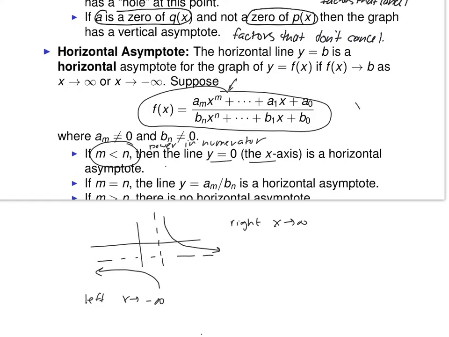This would be something like x plus 1 over x squared plus 1, for example, okay? That would be an example of this. The power in the top, or the degree, is smaller than the power in the bottom. And when you plug in huge numbers, who's bigger, the numerator or denominator? Denominator. And it's a lot bigger. Does that make sense? If you plug in a million squared is a lot bigger than a million. Does that idea make sense? So you'll have a number divided by a number that's much larger, that's going to go to 0.